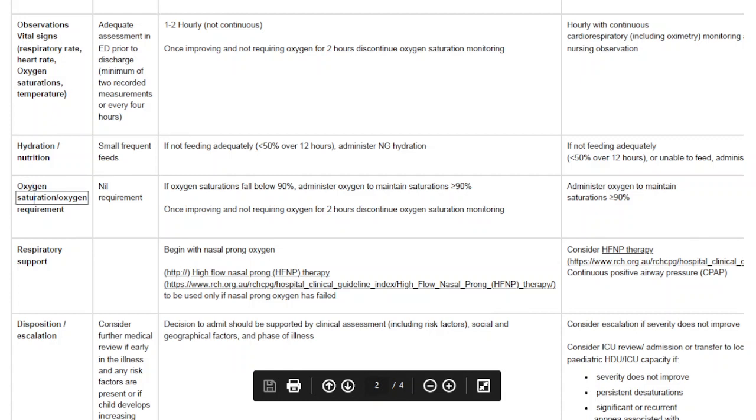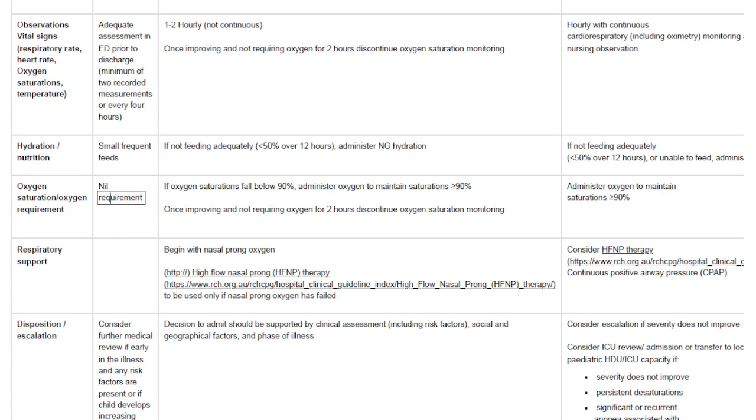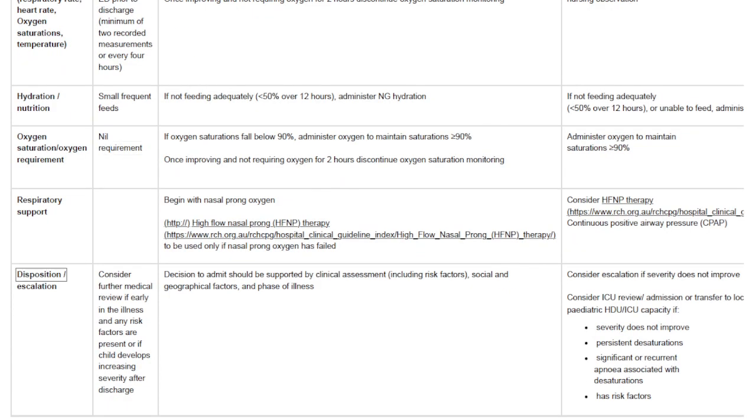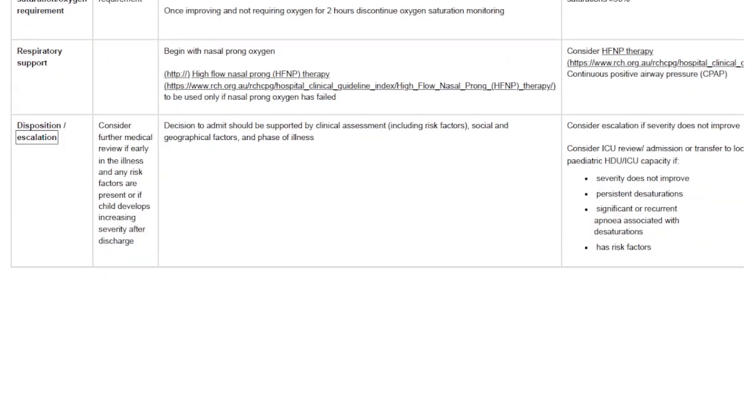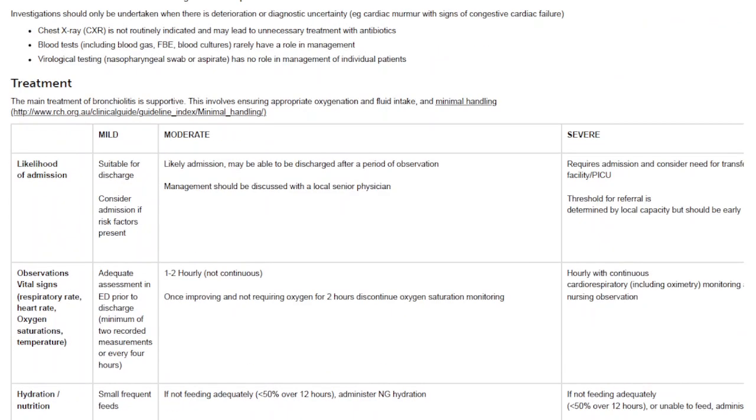Oxygen saturation/oxygen requirement: nil requirement. Disposition/escalation: consider further medical review if early in the illness and any risk factors are present, or if child develops increasing severity after discharge.